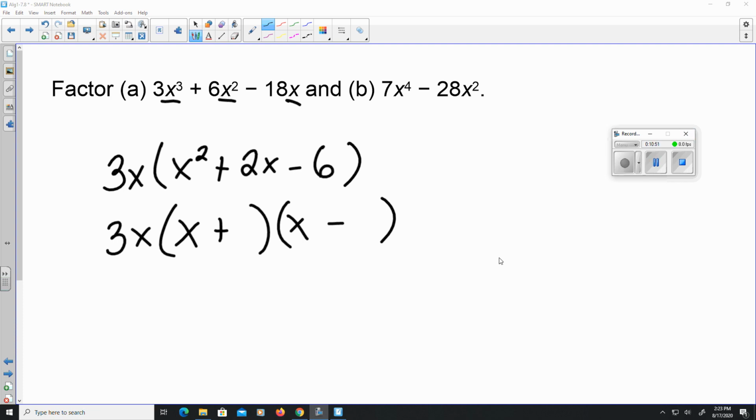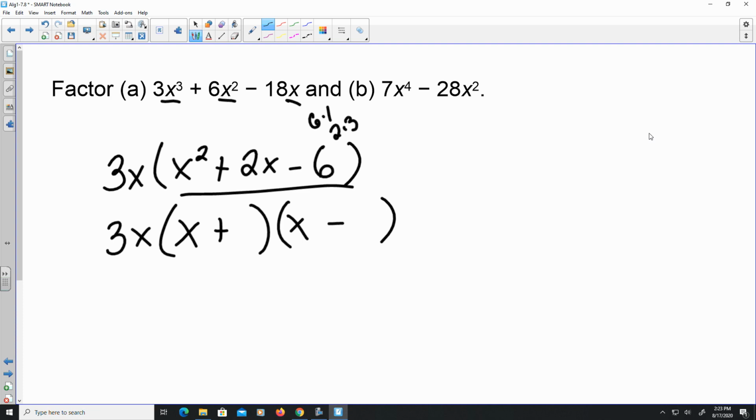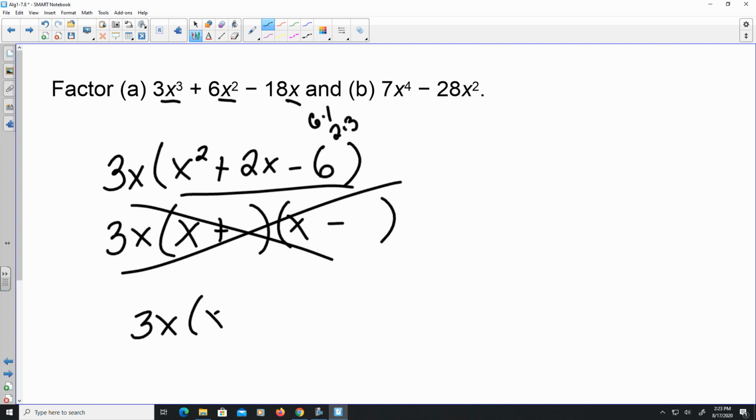I'm trying to look for two values that give me a product of 6, but their difference is 2. So you got 6 times 1, 2 times 3. The difference of 6 and 1 is 5. The difference of 3 and 2 is 1. So essentially, you can't factor this out any further. So all you have is 3x times the quantity of x squared plus 2x minus 6.